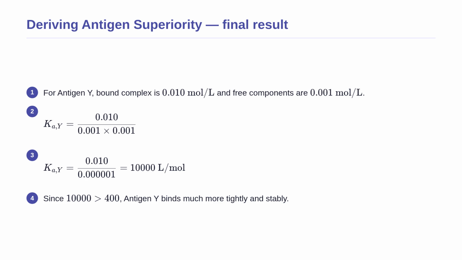Because 10,000 is significantly greater than 400, we have mathematically proven that antigen Y binds much more tightly. The intuition here is simple. Fewer free molecules mean a stronger, more stable connection, making antigen Y a far superior target for immune recognition.